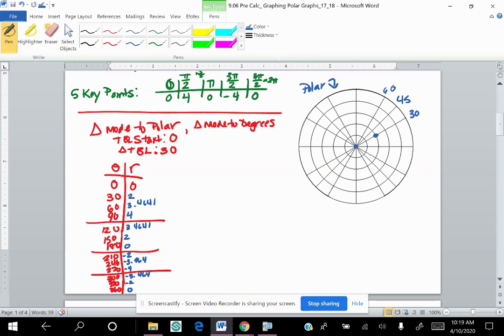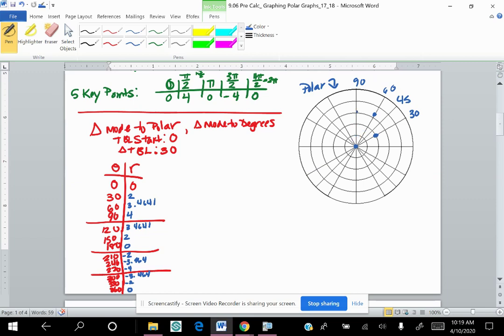Then we're going to go to 60 degrees. And then we're going to go 3.464. So we're going to go a little less than 3.5. So 1, 2, 3.5. So a little bit less than that. At 90, we're going to be at 4.